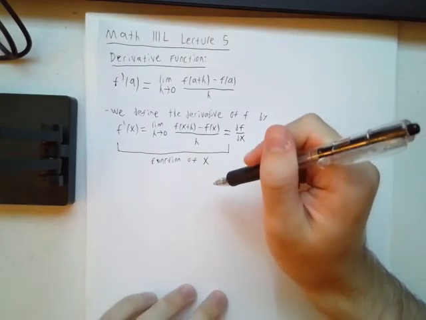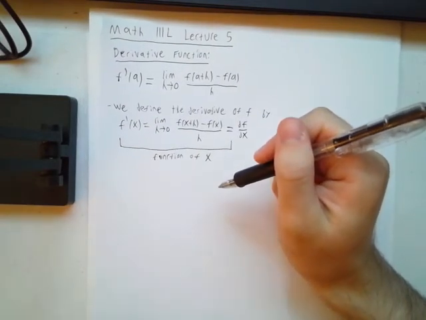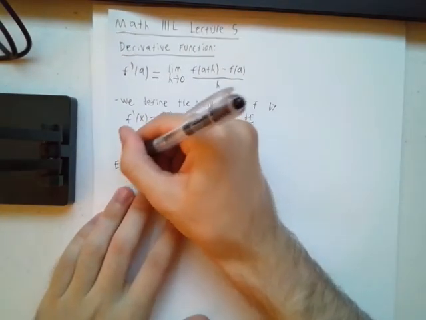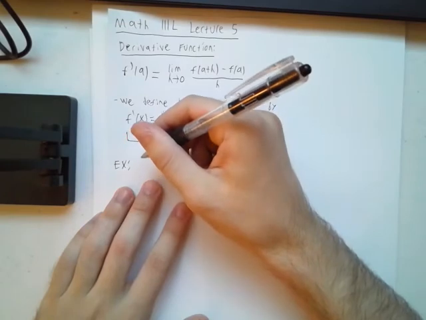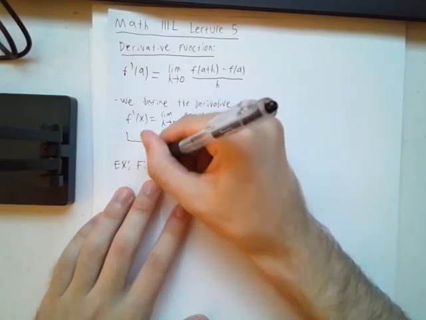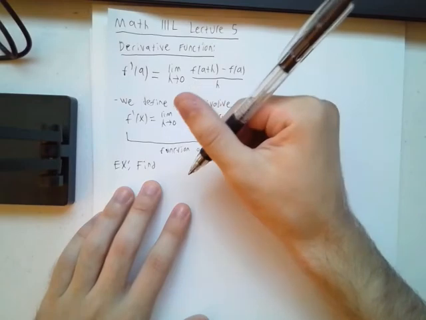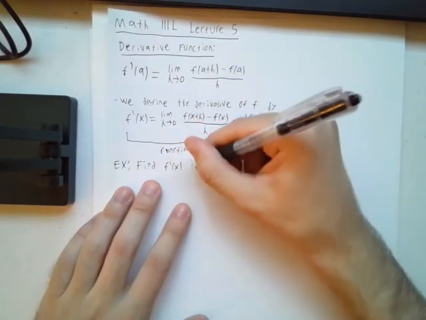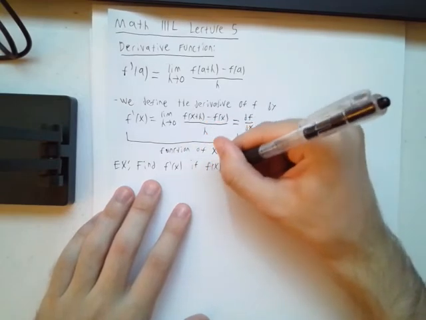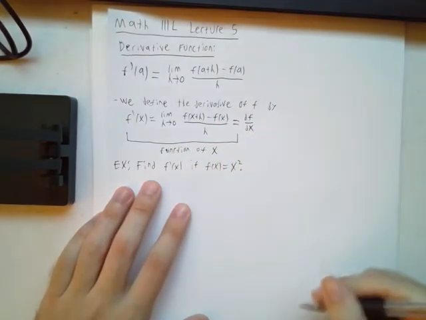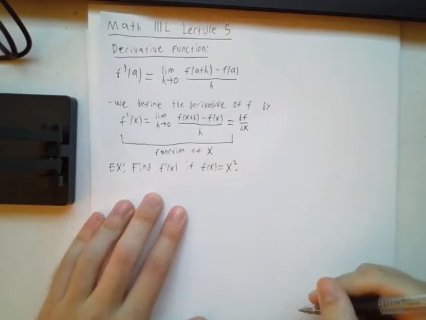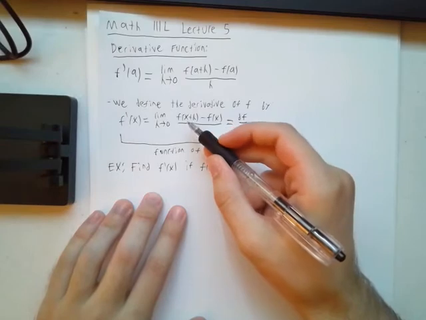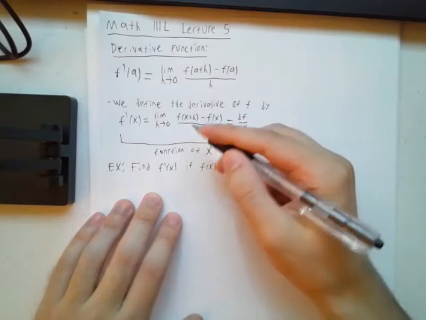So I think it would be useful to do an example so we can really see how this works. Let's start with a relatively simple function that we've actually more or less done this for in the past. Find f prime of x if f of x equals x squared. Even though we have this x here, the method for doing the calculations is really very similar.